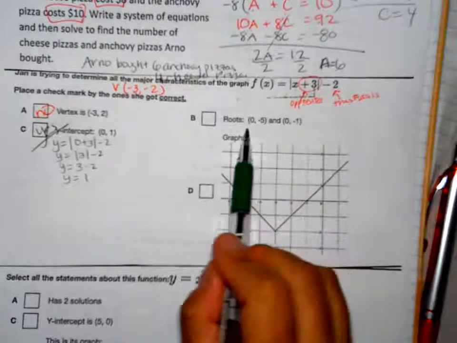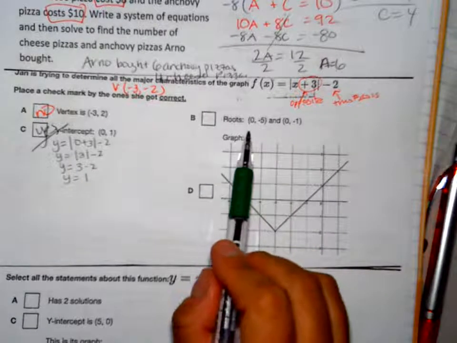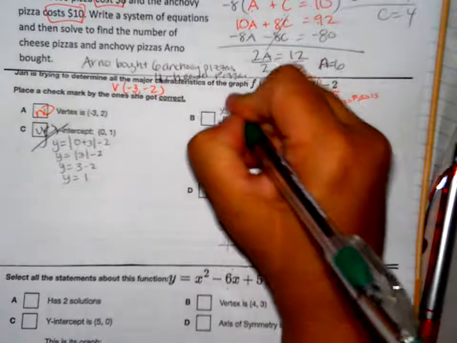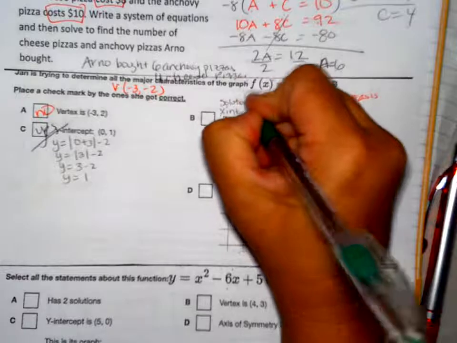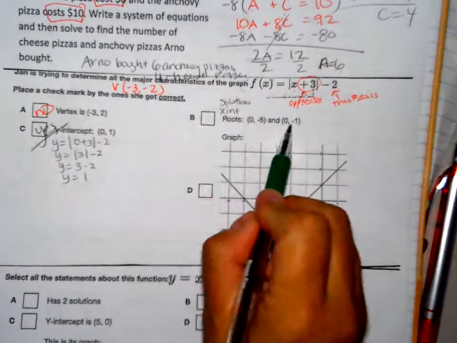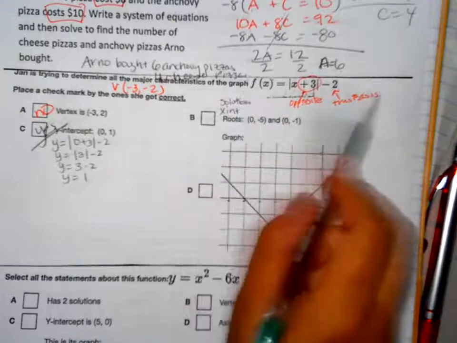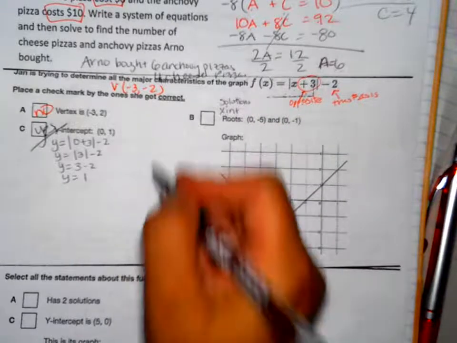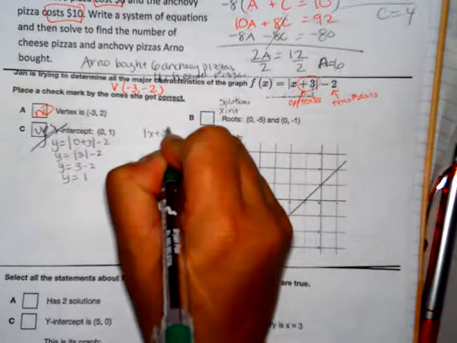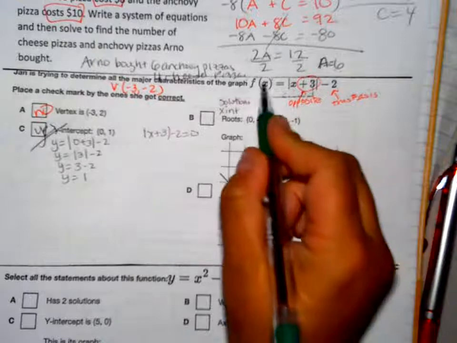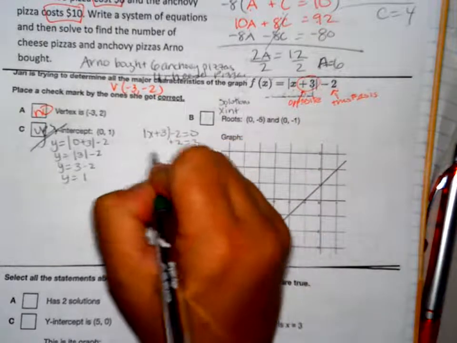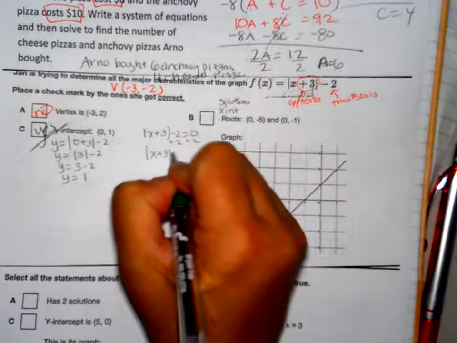Let's find our roots. Remember, roots are also x-intercepts or solutions. All of those words mean the same. To find our x-intercepts, we make y equal to 0 and we solve. So we have the absolute value of x plus 3 minus 2 equals 0. I flipped it around because it's easier. I'm going to add 2 to both sides, and I get the absolute value of x plus 3 equals 2.